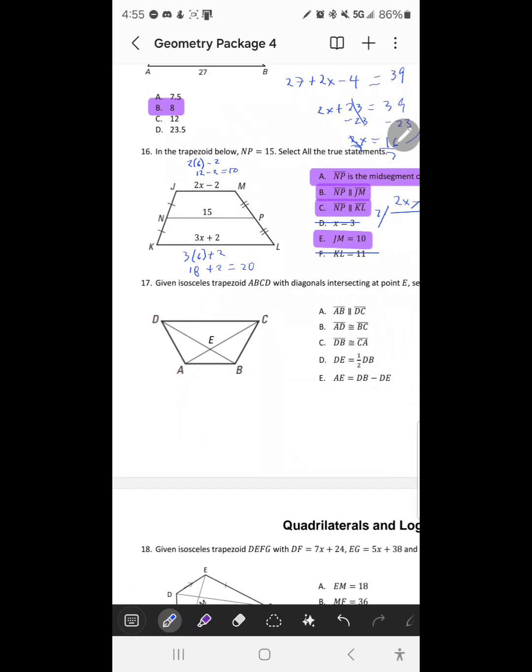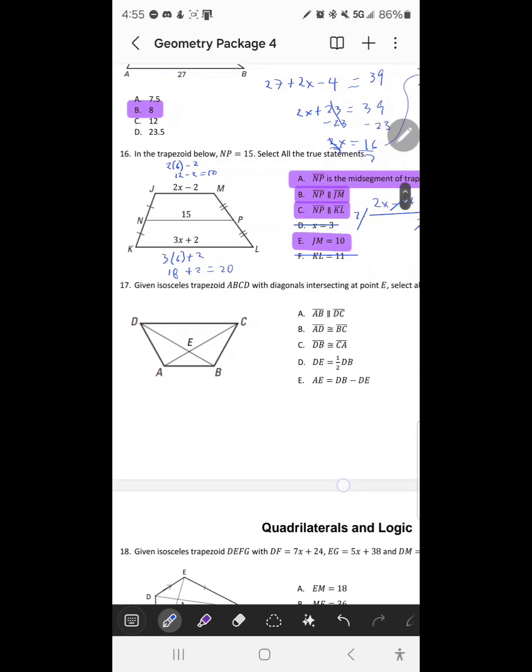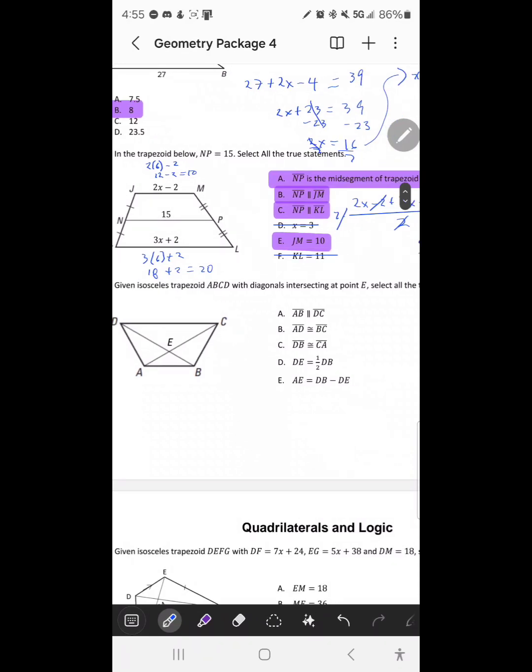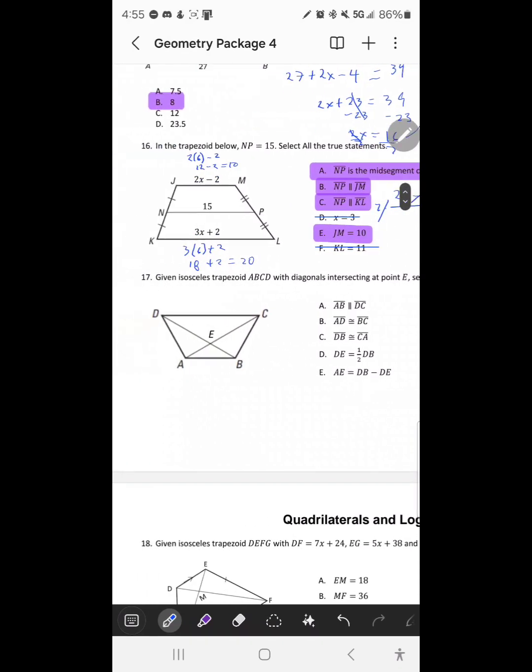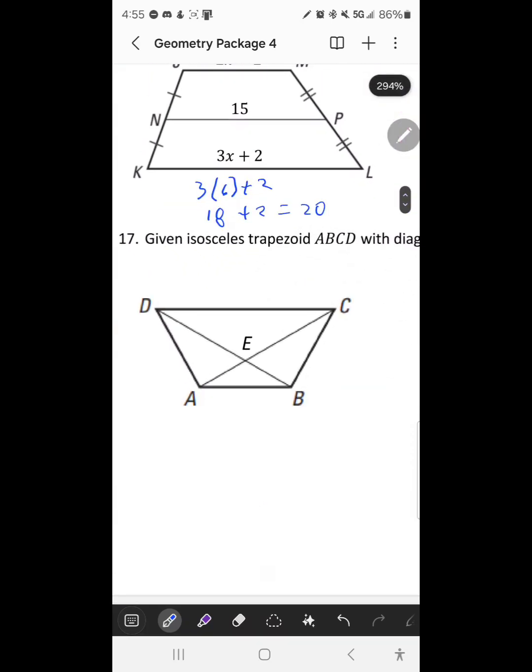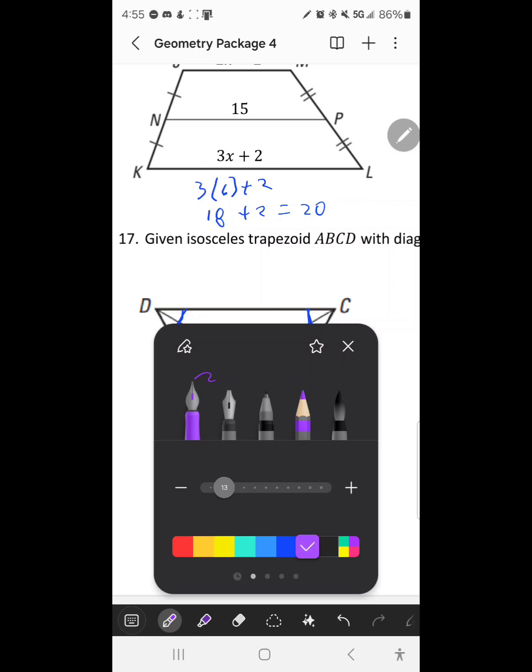Given isosceles, very important, trapezoid ABCD with diagonals intersecting at point E, select all the true statements. So, okay, isosceles trapezoid. If it is an isosceles trapezoid, the two angles adjacent to the base are equal.